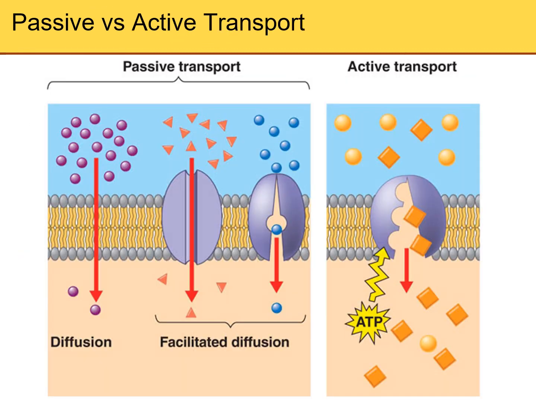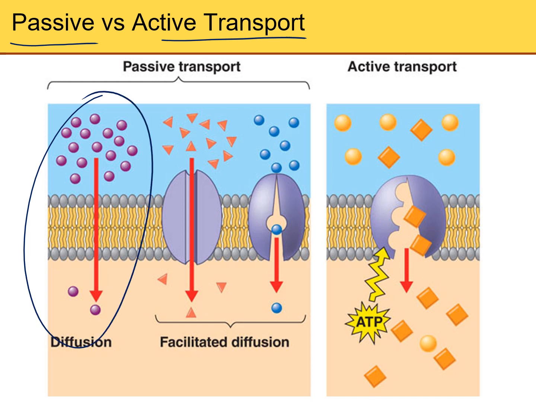Now again, active versus passive. In passive transport, you have high to low diffusion, or you have pores, which is facilitated diffusion. But even in the case of facilitated, you are always going from high to low. That is always the case in passive transport.